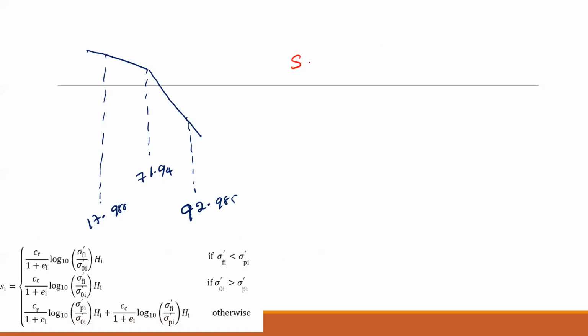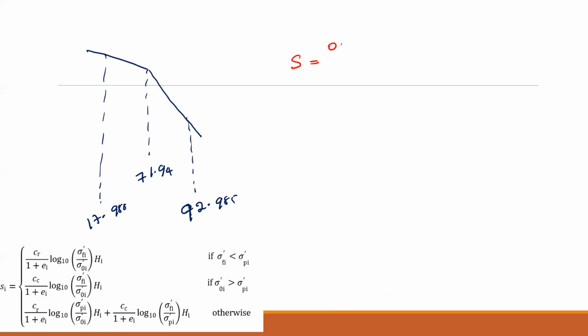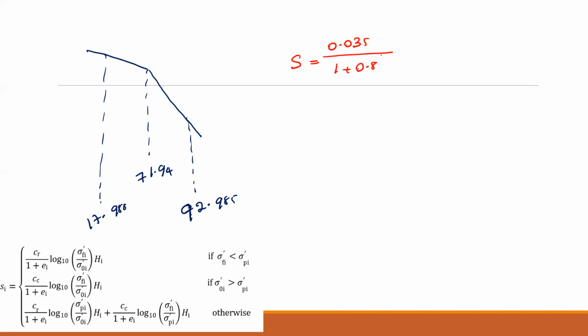Okay, so let's substitute the values in the third equation. So settlement S is equal to Cr over (1 plus e naught). Cr is given to us: 0.035, divided by 1 plus the void ratio, also given to us, which is 0.8. And we have log of sigma P, 71.94, divided by sigma naught, 17.985, and H is 3 meters, isn't it?